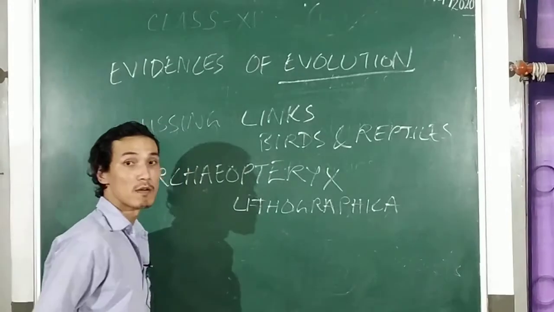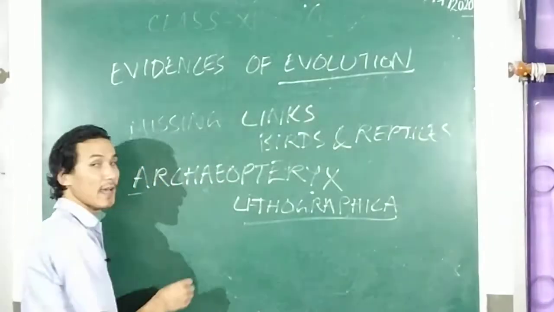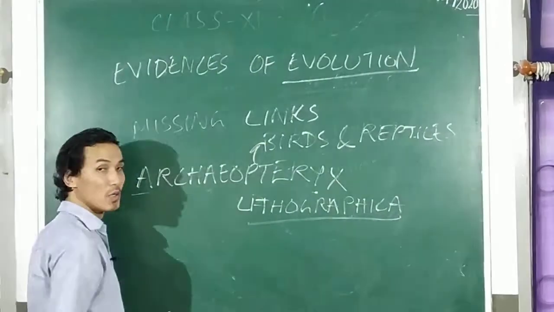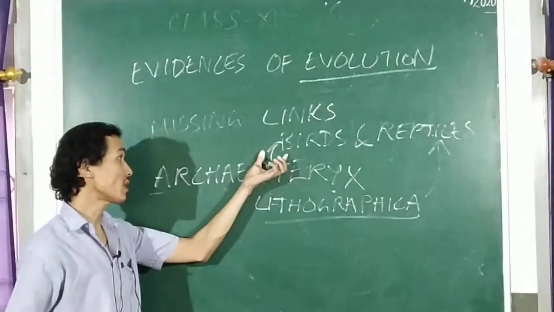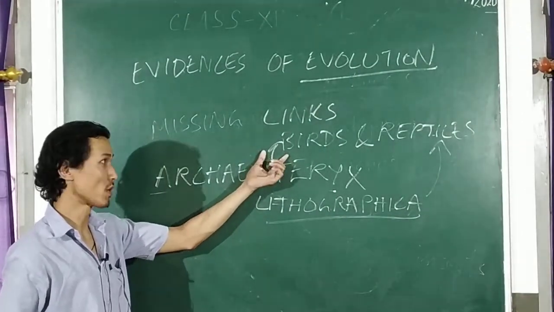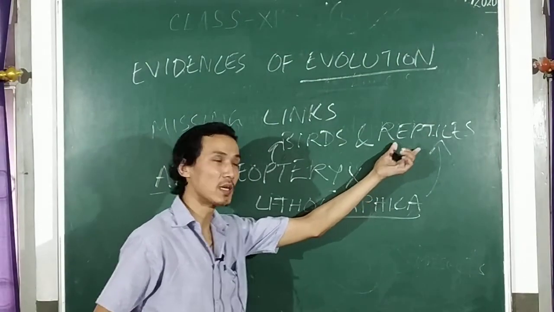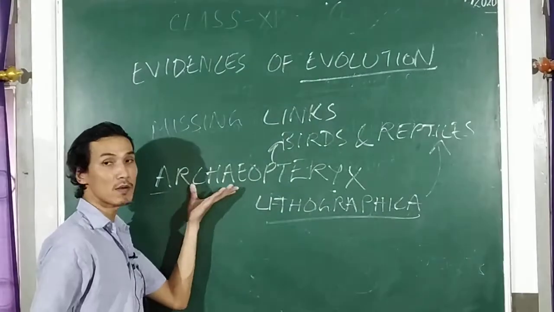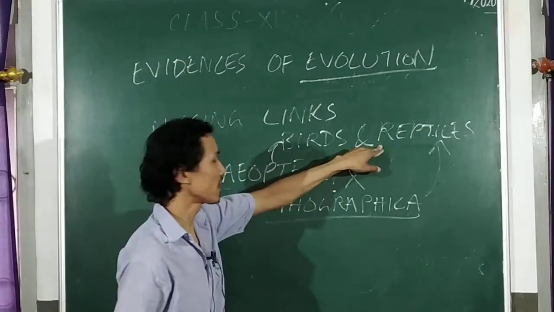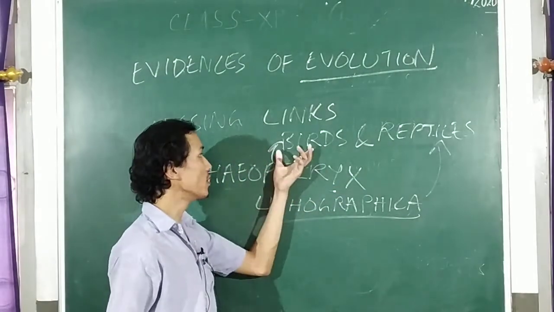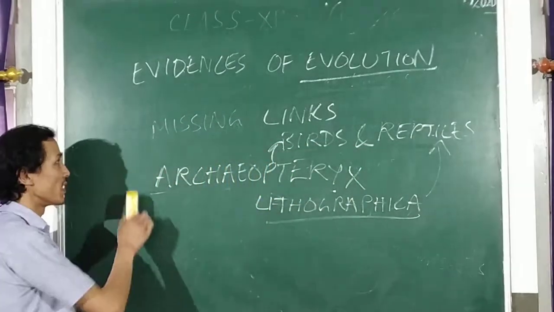Only its fossil records are found. From this, we can find that this particular organism had characters common to birds as well as characters common to reptiles. The characters common to birds are the presence of beak and feathers. But the character common to reptiles is the presence of teeth in the beak. So this missing link, or this fossil, proves that birds and reptiles might be somehow connected, or that birds might have evolved from reptiles. So this is an example of a missing link.